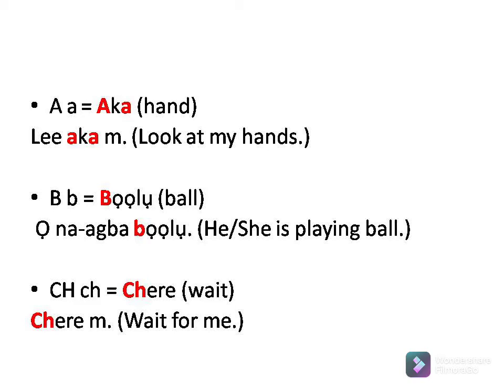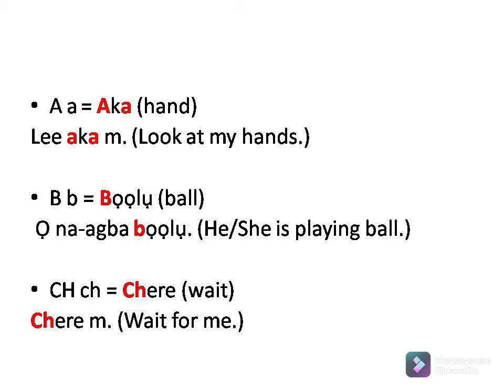In the sentence form, you hear a sentence like ọ na-agba ball. Ọ na-agba ball. He or she is playing ball. The O there stands for the pronoun he or she.